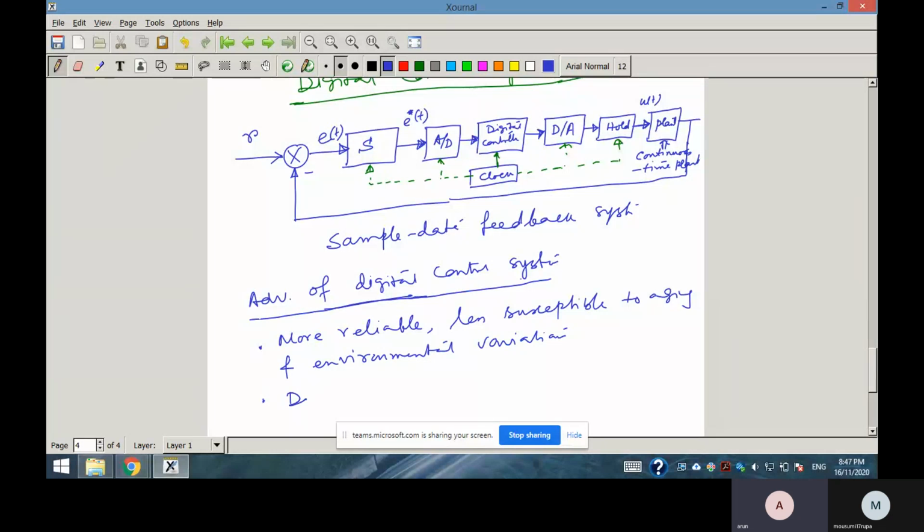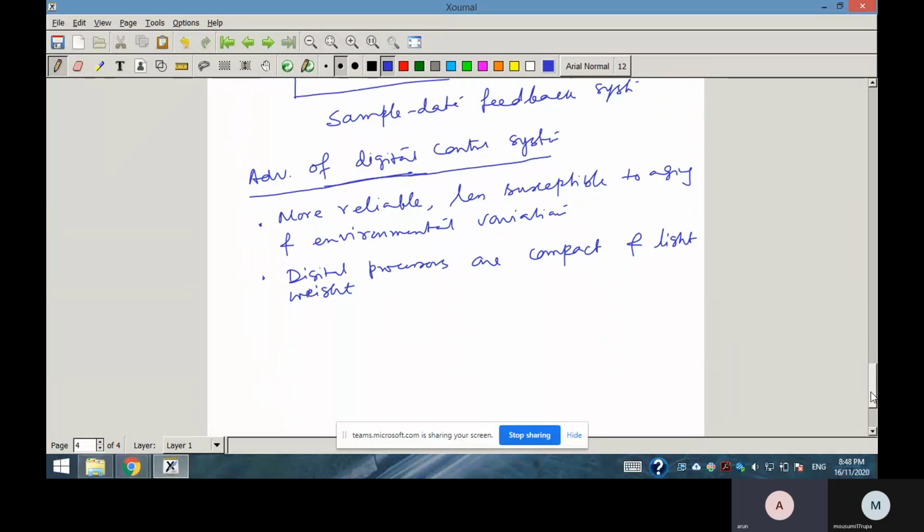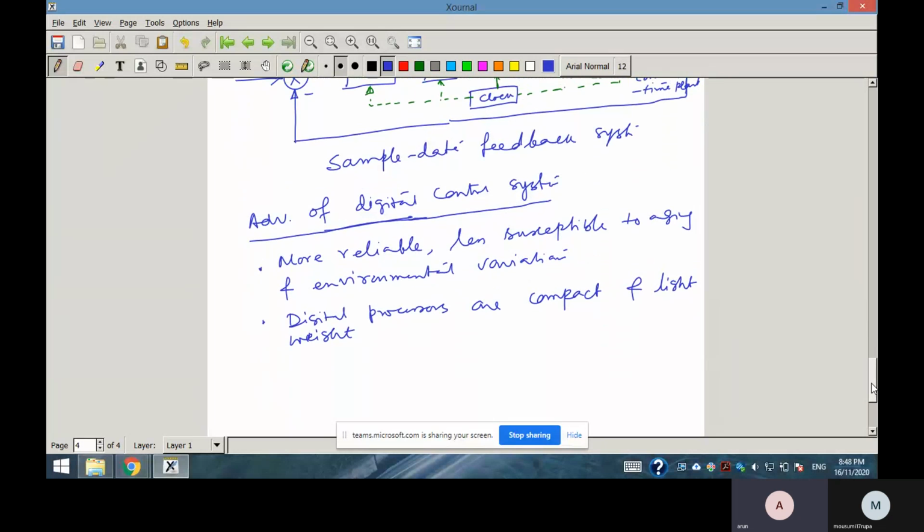The second thing is that digital processors are compact and lightweight. Nowadays, in terms of ICs, all these things are easily available.